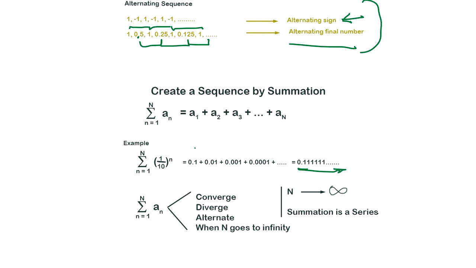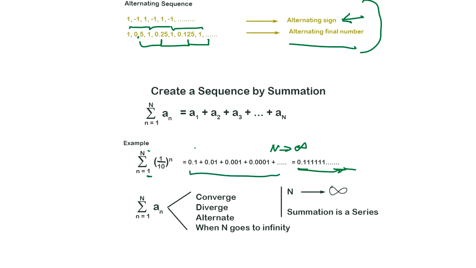That means 1 over 10 to the nth, where n is from 1 to n, and we are making this n infinitely large to get the ultimate number.